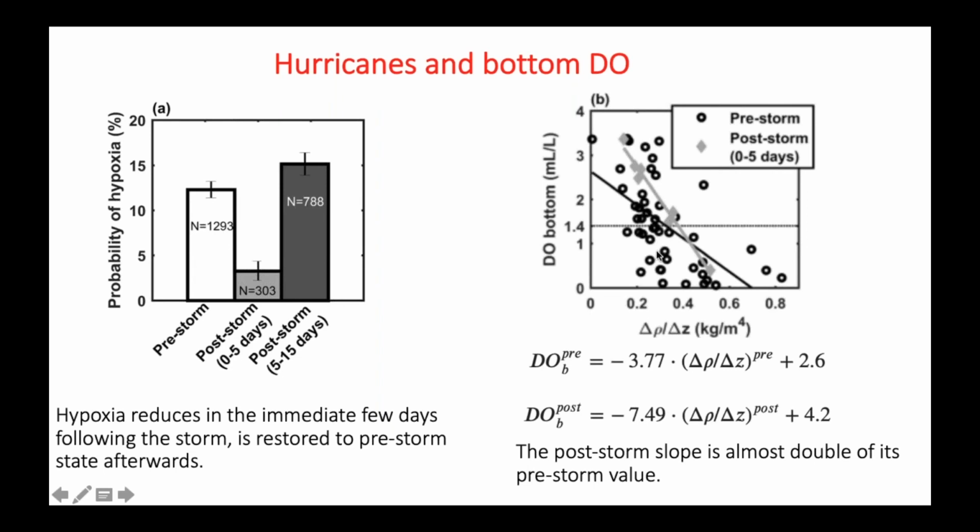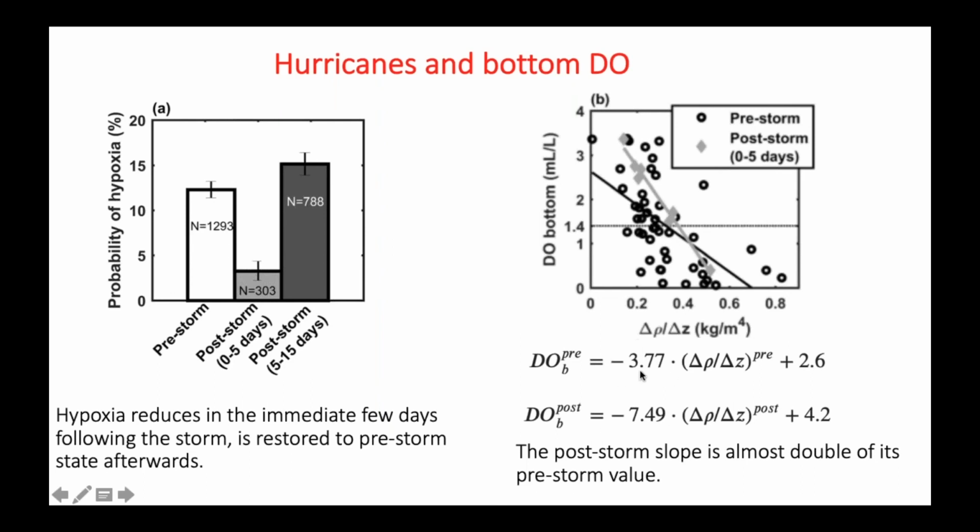And these are the two regression lines for these two data sets. What you can see is that compared to the pre-storm regression, the slope of the regression line is much steeper for the post-storm data. In other words, for the same change in stratification, you get a bigger change in DO in the post-storm state compared to the pre-storm state.